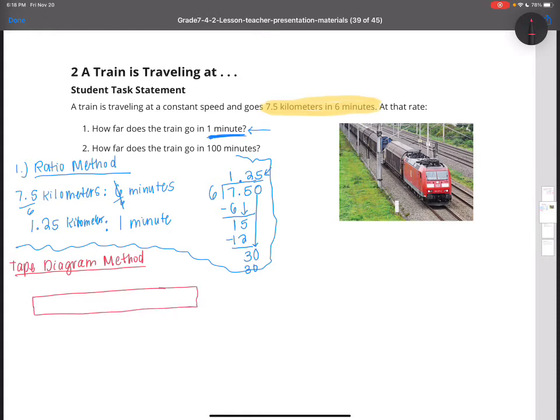So how many pieces do I need to partition this tape diagram into? If this tape diagram is representing the total amount of minutes, how many pieces do I need to partition it into? If you guess 6 pieces, you are absolutely correct. So what I tell my students is draw 5 lines to make 6 pieces. So 1, 2, 3, 4, 5, and I'm just going to draw an extra one for 6.